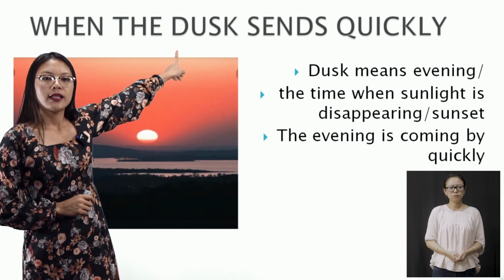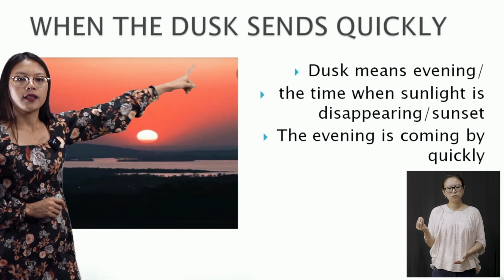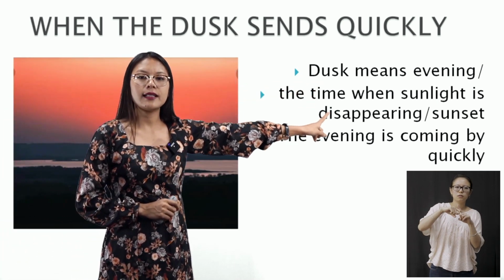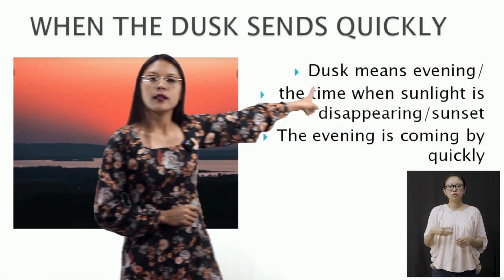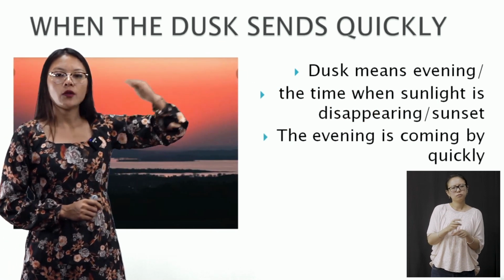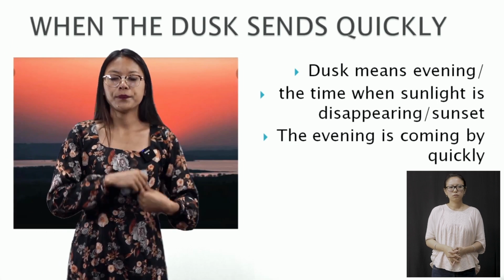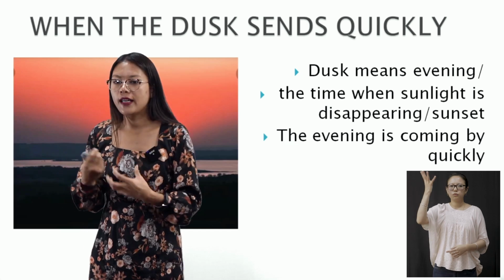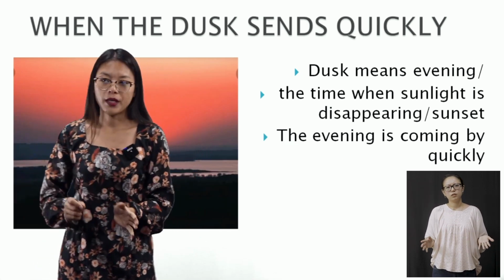Now, when the dusk descends quickly, dusk means evening, the time when sunlight is disappearing, also called sunset. Dusk is the time when the day is about to end. We start our day in the morning. In the morning we take our breakfast and go for jogging, and then comes the afternoon.